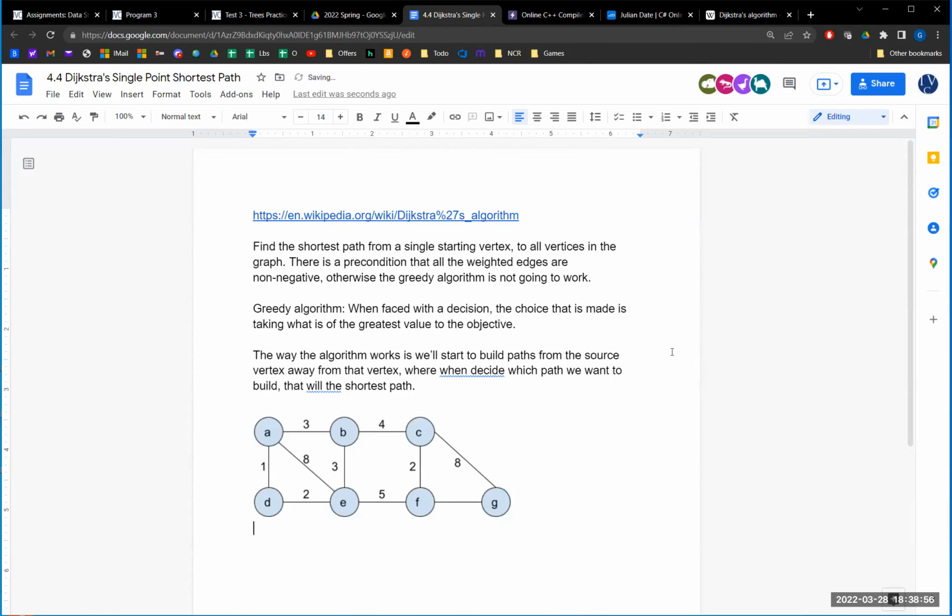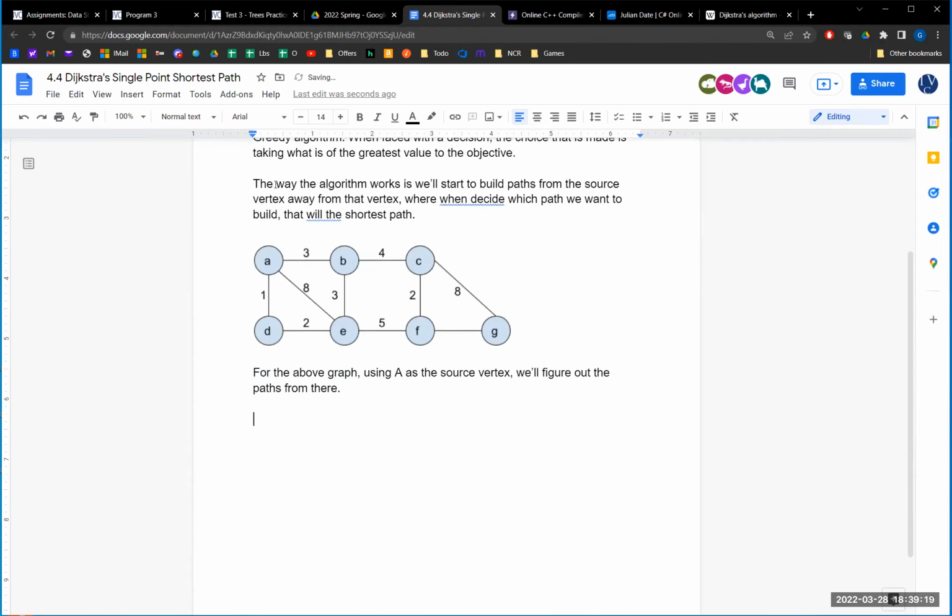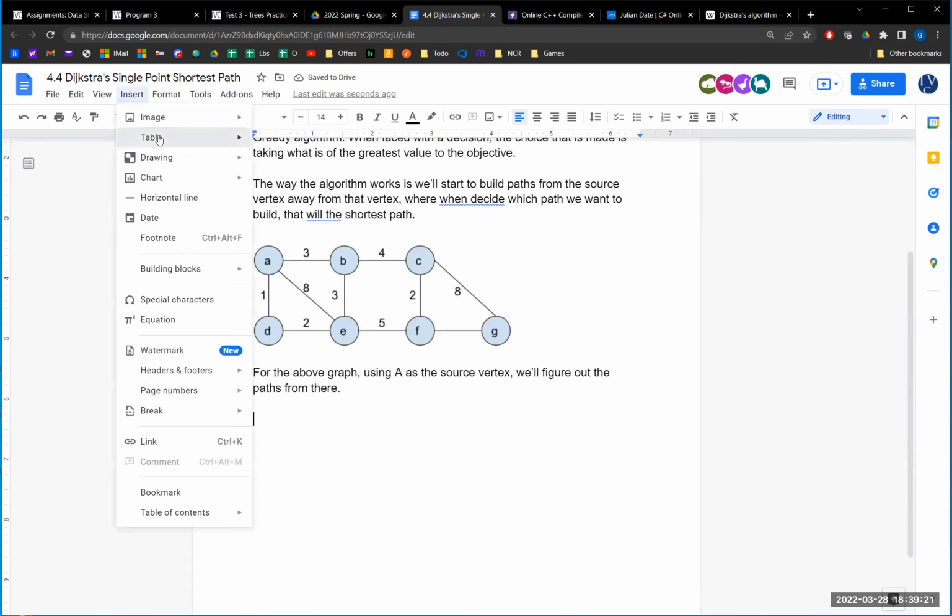All right, so for the above graph, using A as source vertex, figure out paths from there. We're going to be using a table to track this.